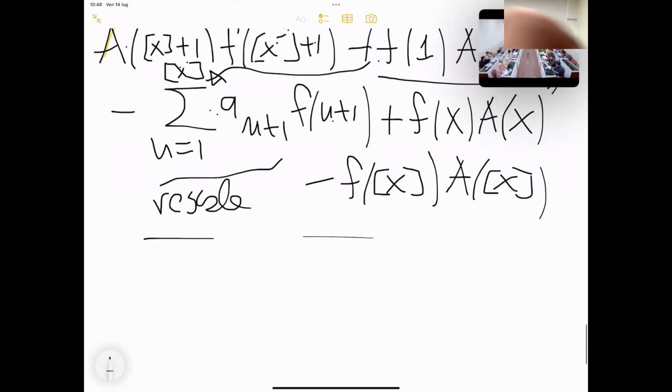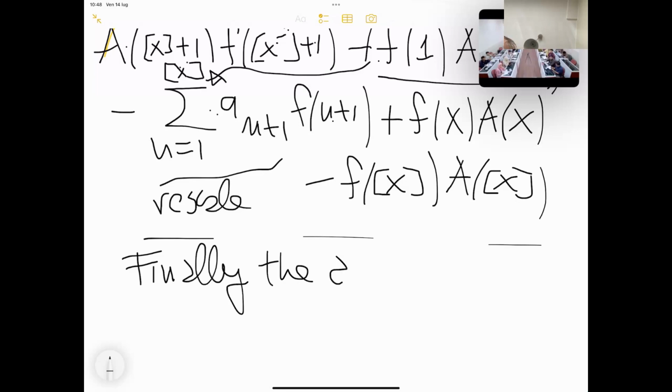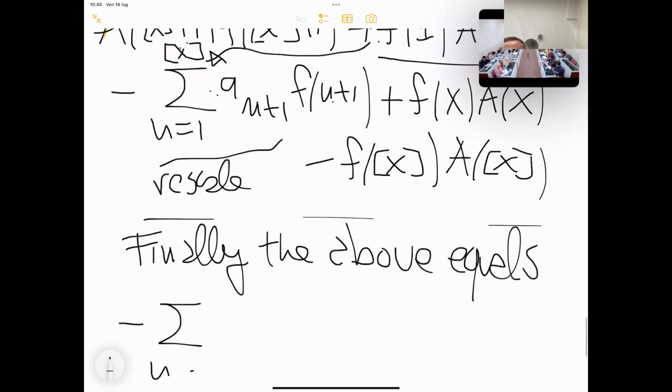So this is finally the above equals simply minus the sum, n goes from 1 to the integer part of x of a_n times f of n.